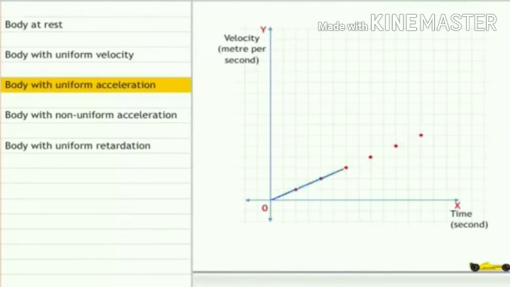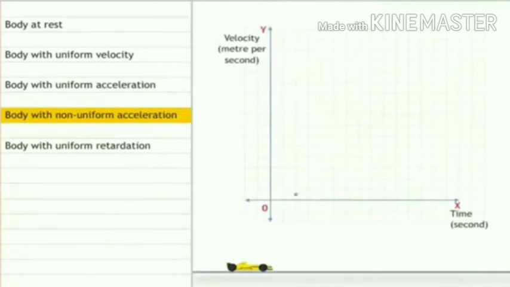When any body or car is moving with equal velocity in equal intervals of time, its graph is a straight line passing through the origin. So it is said that the body is with uniform acceleration.